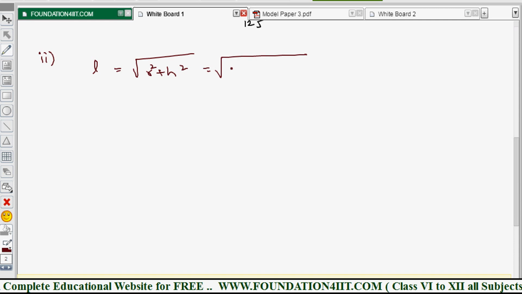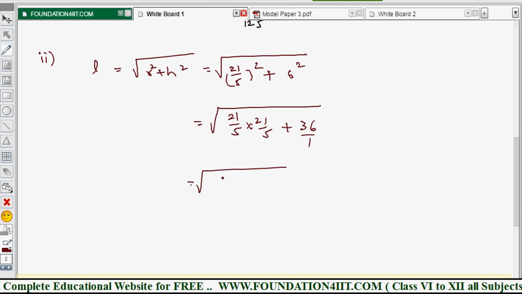So square root of, the radius is 21 by 5 square, plus h square is 6 square. These two we will simplify: square root of 21 by 5 into 21 by 5 plus 6 into 6 is 36 by 1.